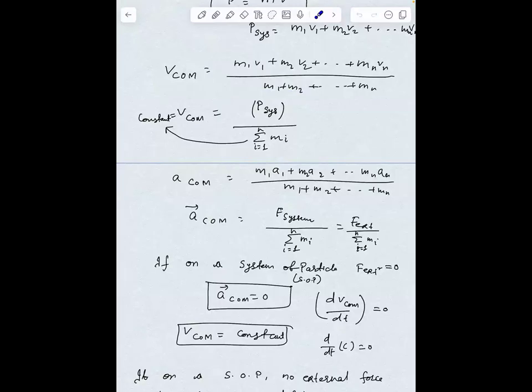Now, guys, see. Whatever I have written is nothing but P1, P2, up to Pn, the momenta, since momentum is mass into velocity.